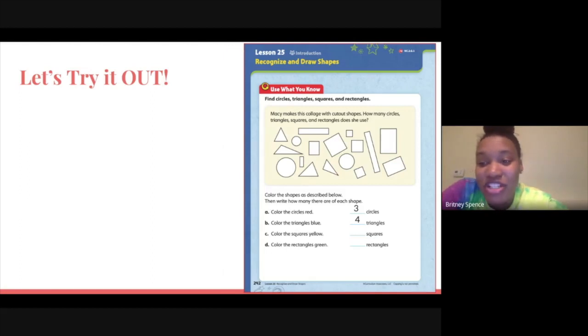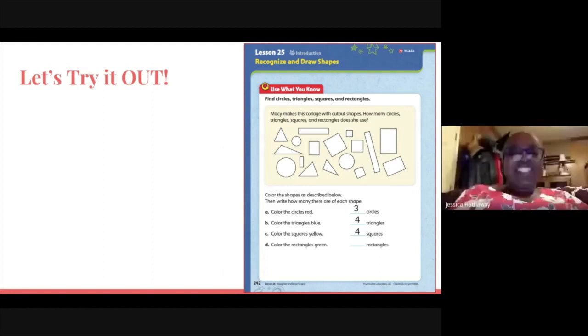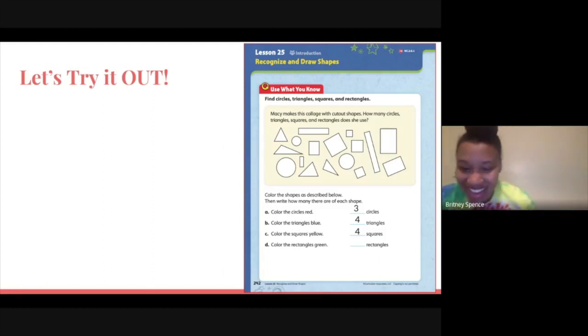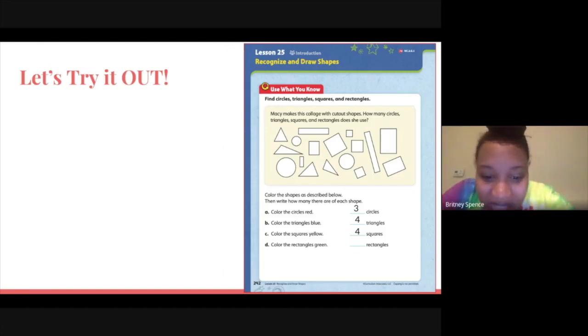But right now, we are just focusing on that a triangle has 3 sides and 3 angles. So I counted 4. Color the squares yellow. Now, y'all, I really had to pay attention to this because looks can be deceiving. So I found 4 squares. Did anyone get anything else different? Let me know, because teachers can be wrong sometimes. I counted 4. I had to double count myself.